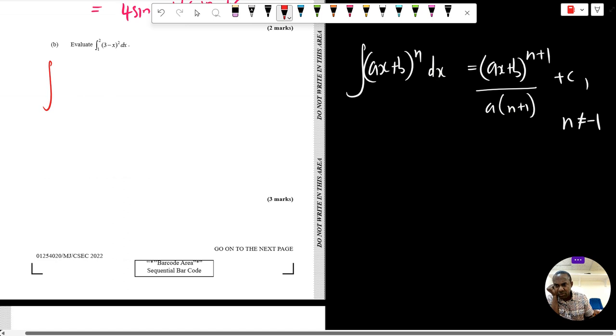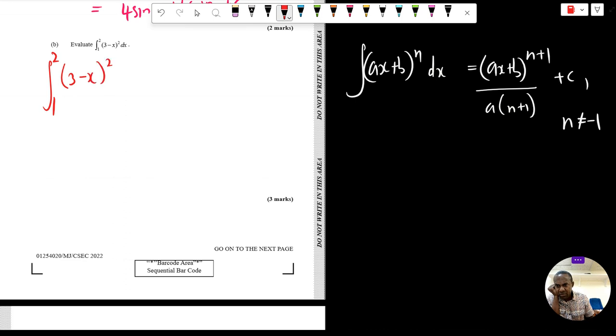So this becomes the integral within the limits of 2 and 1 of (3 minus x) squared dx. So essentially, this is of the form integral of (ax plus b) to the n, where a would be equal to, well, the coefficient of x. So basically a is equal to minus 1 and n is equal to 2.